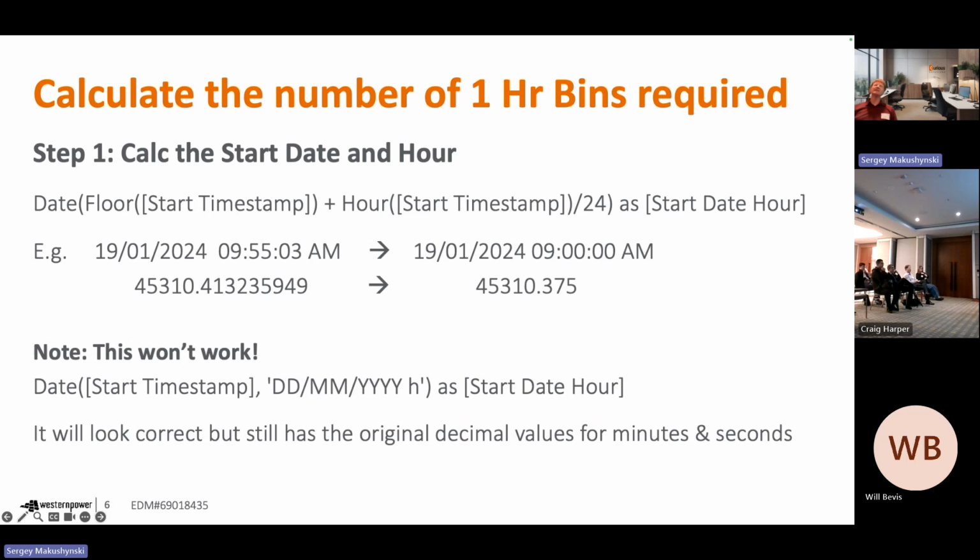It'll appear correct, but it won't be correct because it hasn't actually manipulated the data underneath. All it's done is display it in the way that you want to see it, but it's still got the decimal values for the minutes and seconds. So just be aware of that one.